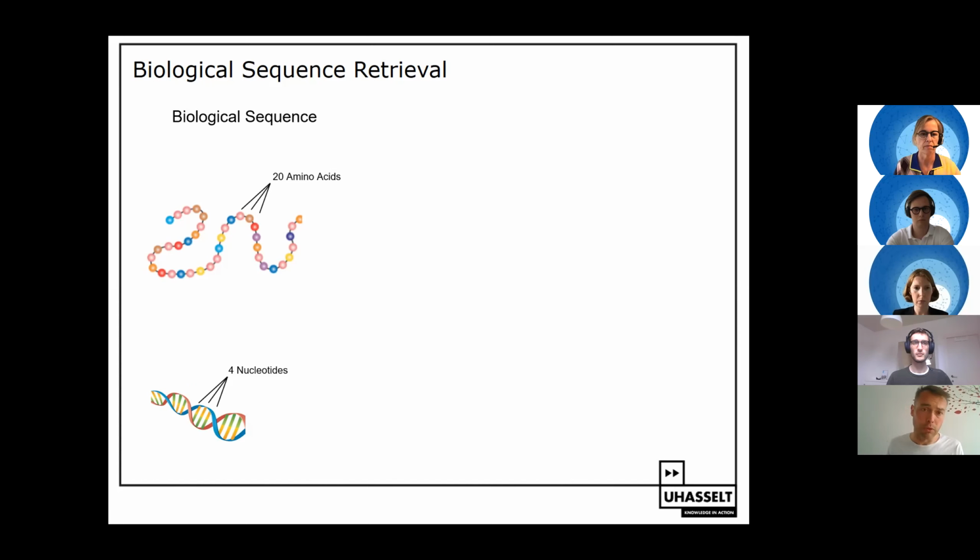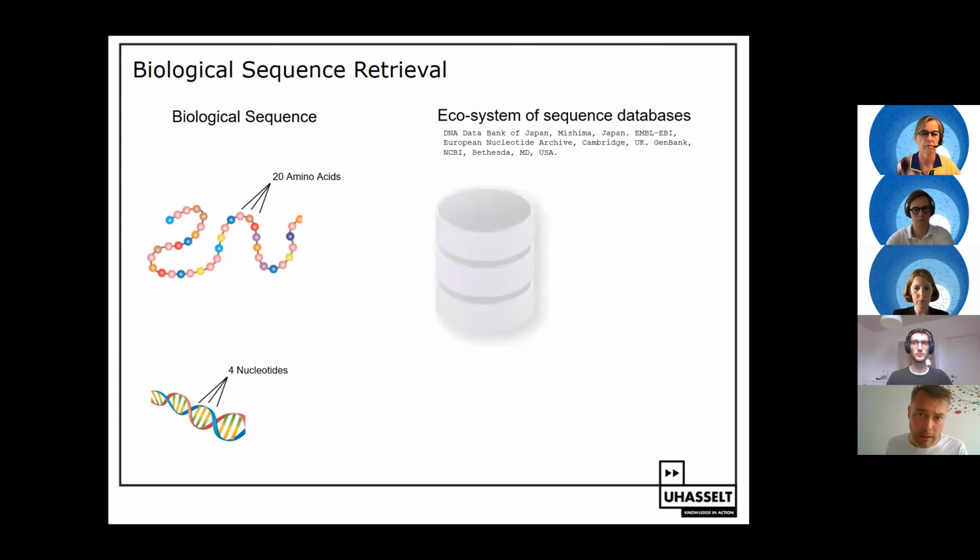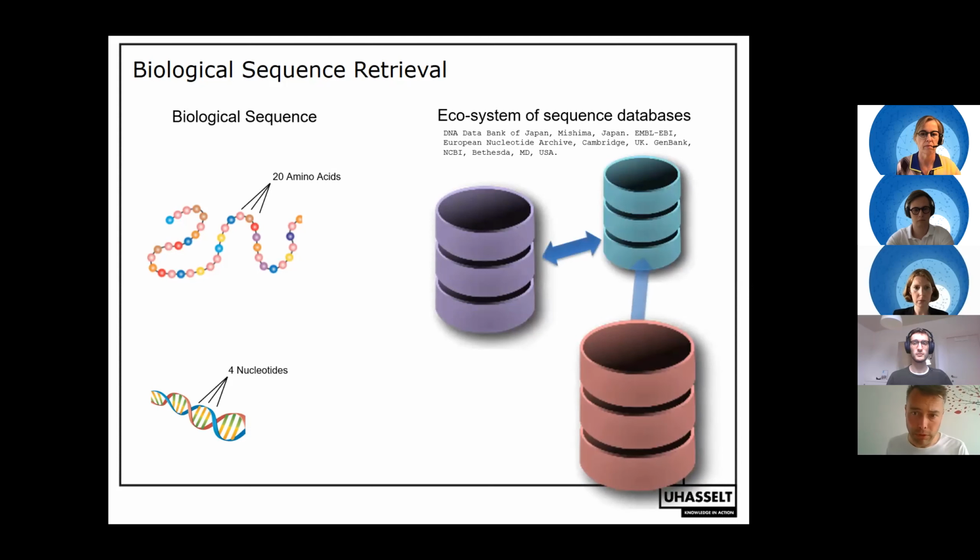So what you can do is go out into the world and try to figure out what other scientists have discovered about related sequences. So an important mission here is to relate the sequence that you care about to the entire ecosystem of sequence databases that is out there.